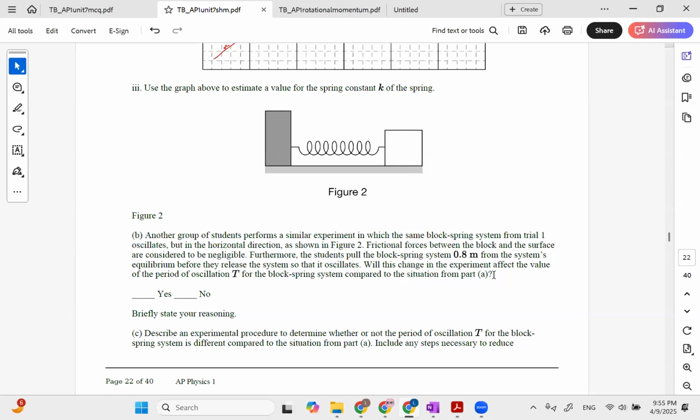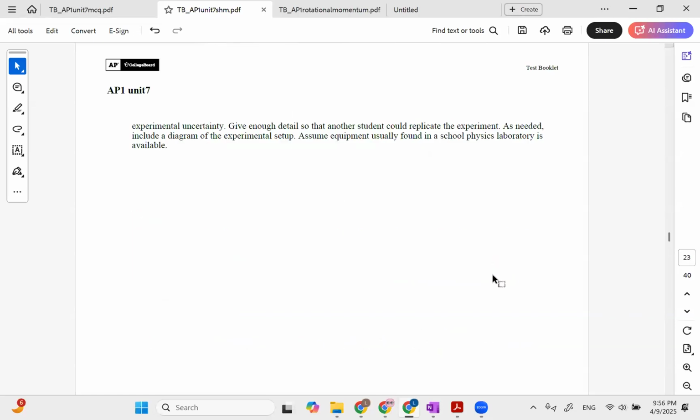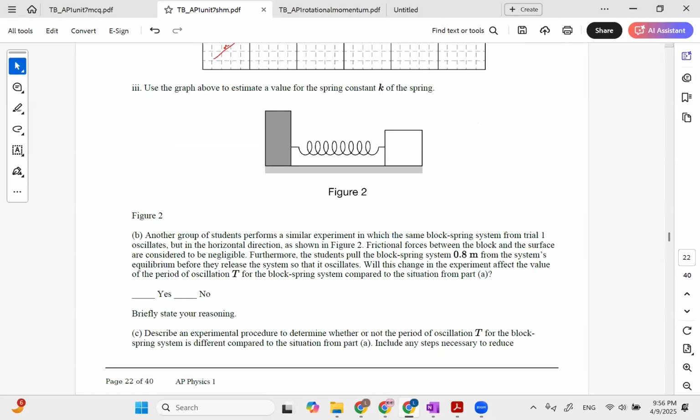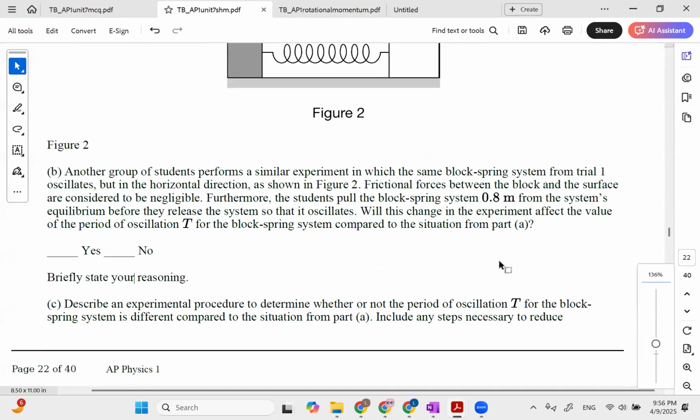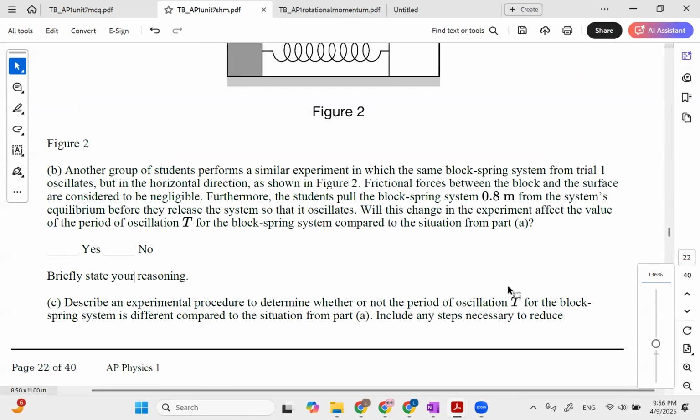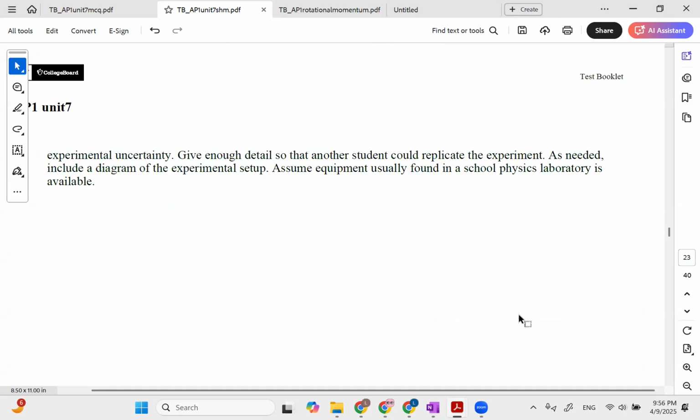That's another way, right? So see here, just remember, you need to describe procedure, right? To find whether or not the period for both situation won't change, right? Compared to each other should be the same theoretically, but you need to prove it.